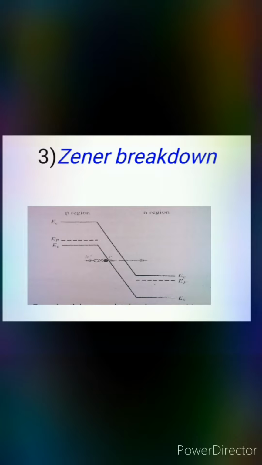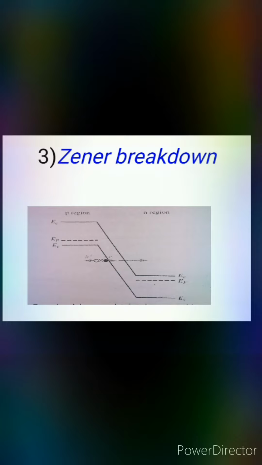These free electrons in turn give rise to a high value of reverse saturation current. This is known as breakdown in simple language. Definition: the process in which the electrons move across the barrier from the valence band of p-type material to the conduction band of n-type material is known as Zener breakdown.